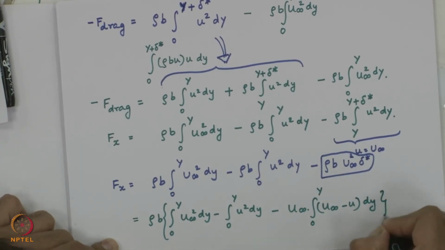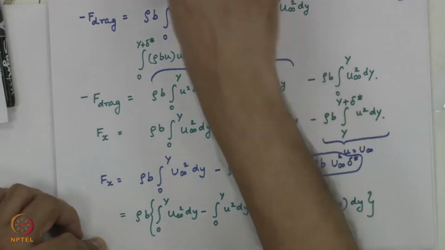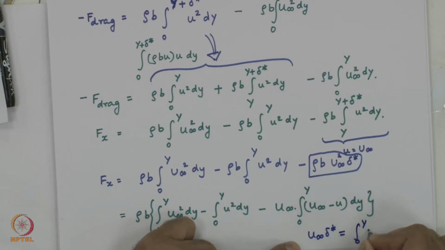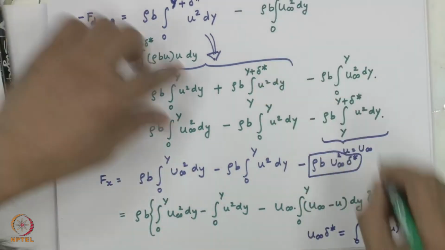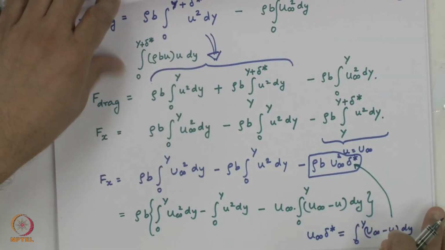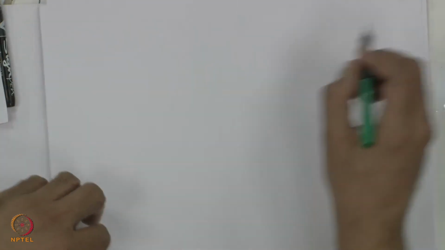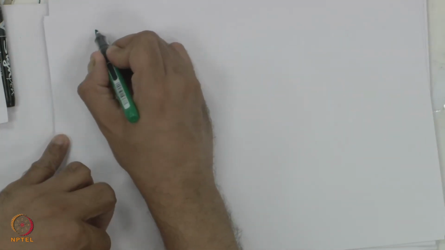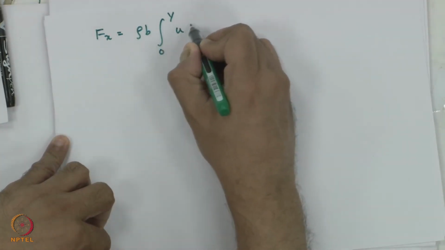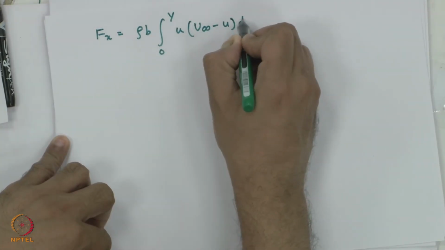This is my definition of displacement thickness, or we had it in the previous slide, u infinity delta star is equal to integral 0 to Y of u infinity minus u dy. So, I substituted this for the displacement thickness. When I do that and open the brackets, some things will cancel off and I am going to be left with F of x equal to rho b integral 0 to Y u times u infinity minus u dy.